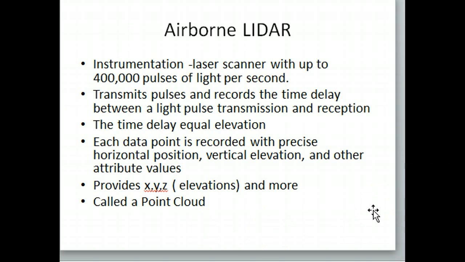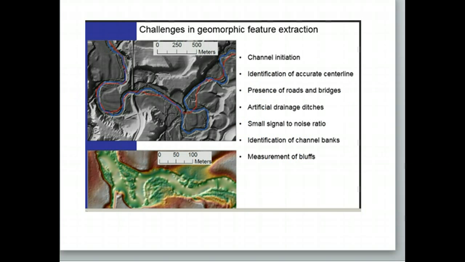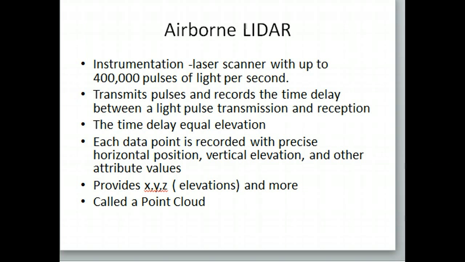Typically we're looking at a lot of airplane Lidar data taken from small focus studies, but if you want the higher level or state level, you would be using higher altitude planes. The Lidar instrument scans about 400,000 pulses of light per second. Each pulse of light hits something and reflects back.